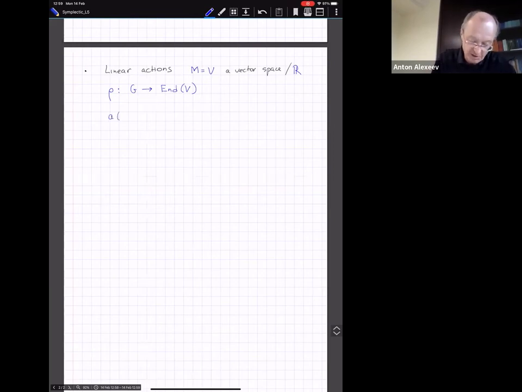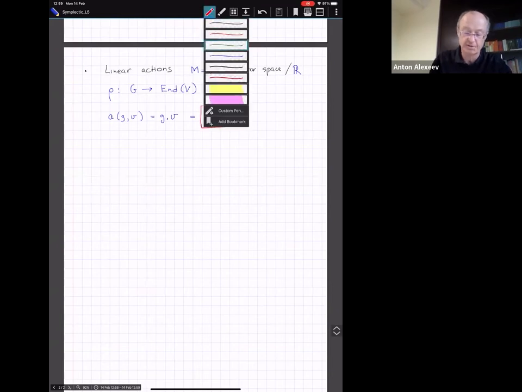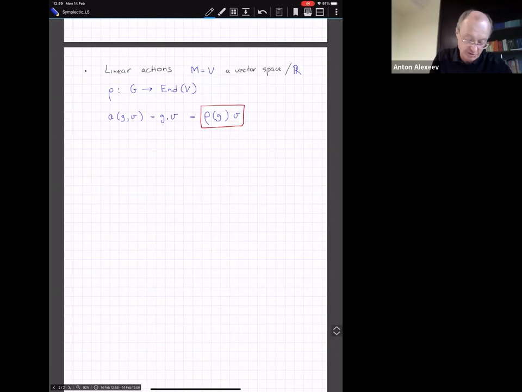We say that A of G, V, so this action, so right, we said that this is the same as G acting on V, will be equal to a linear operator rho of G acting on the vector V. Of course, we need a condition which would ensure that this is indeed an action.